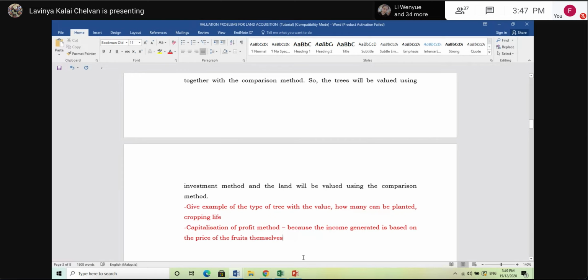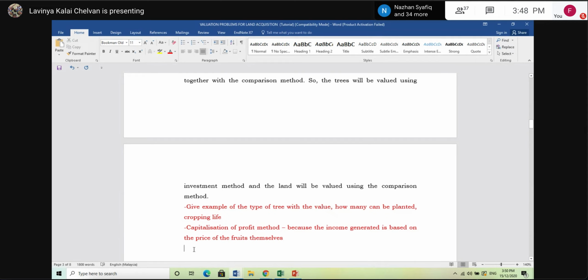No comparables means it's not totally rejecting the comparison method, isn't it? Yeah. Okay, she understood no comparables as total rejection of the comparison method, which I also don't agree with. I mean, the land will still use the comparison method. I don't know, that's why I asked Lee Guan.